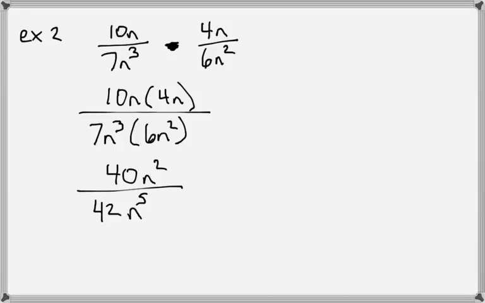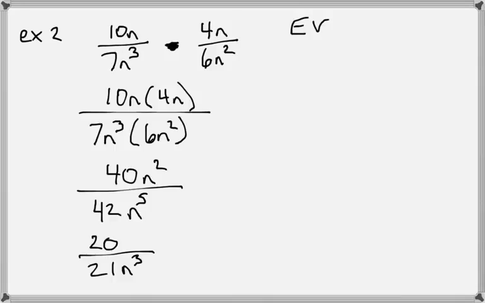And again, using exponent properties here, I'm going to have a 40 over 42. They're both divisible by 2, so that's going to give me a 20 and a 21. And an n squared divided by an n to the 5th, that's going to leave an n cubed in the denominator.